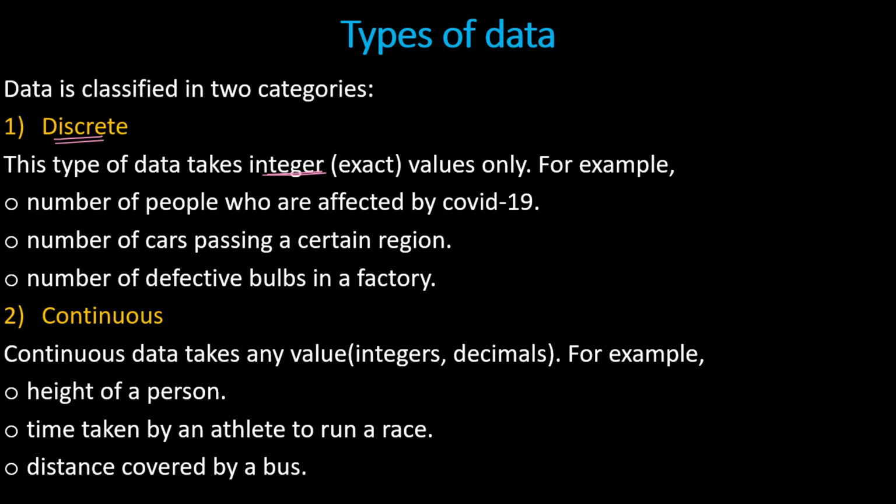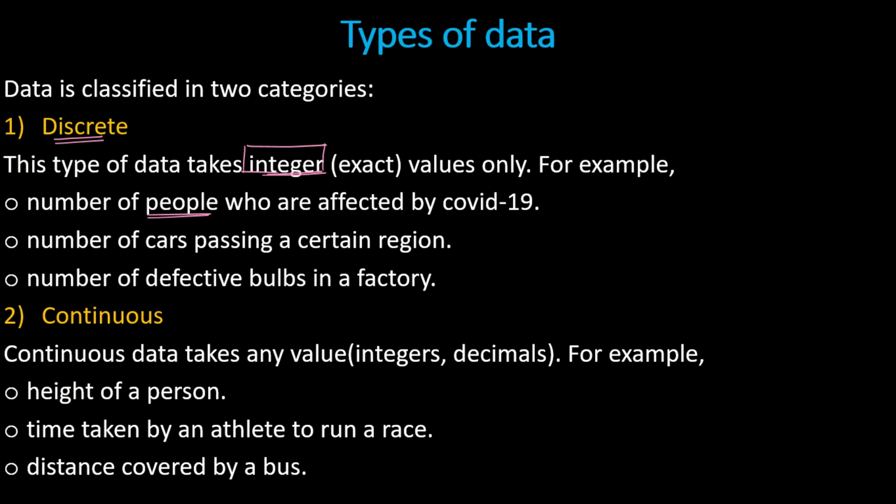For example, if I tell you the number of people who are affected by COVID-19, the number of people, right? It can be 10, 20, it can be 1, 2, 3, it can be in terms of thousands. The number of people has to be whole numbers, meaning integers.